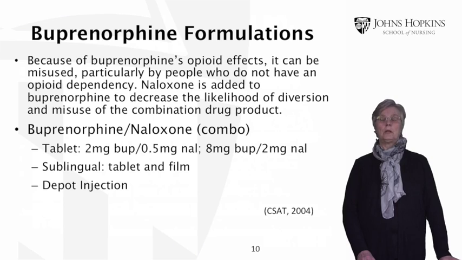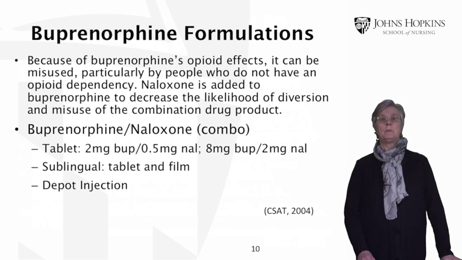There are different formulations of buprenorphine. Because of buprenorphine's opioid effects, it can be misused, particularly by people who don't have an opioid dependency. Naloxone is added to buprenorphine to decrease the likelihood of diversion and misuse of the combination drug product.